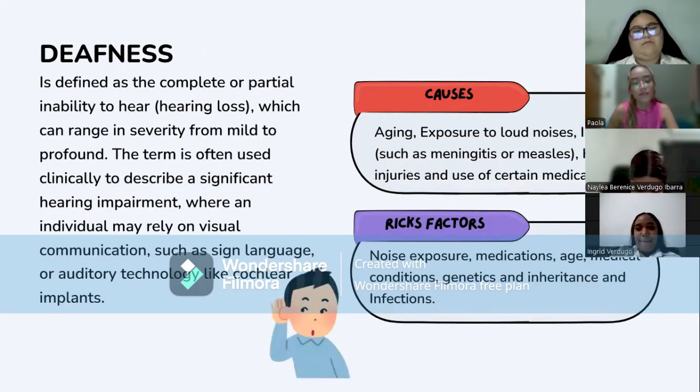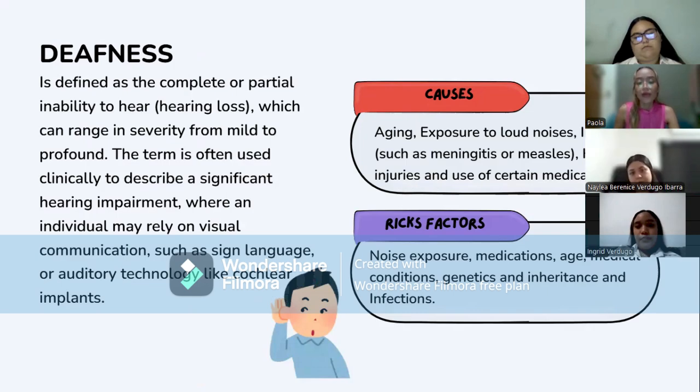Deafness is defined as the complete or partial inability to hear, a hearing loss which can range in severity from mild to profound. The term is often used clinically to describe a significant hearing impairment, where an individual may rely on visual communication such as sign language or auditory technology like cochlear implants.